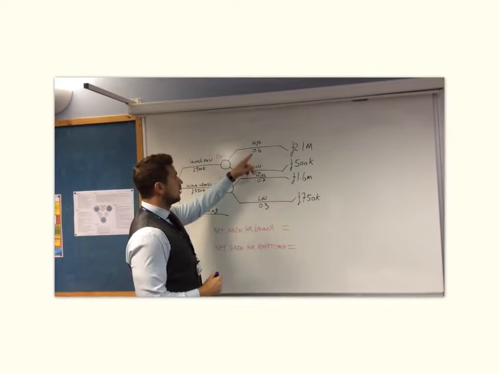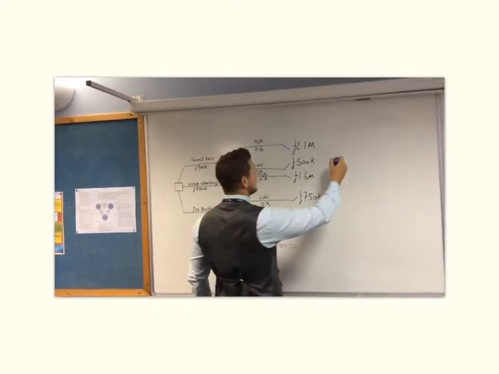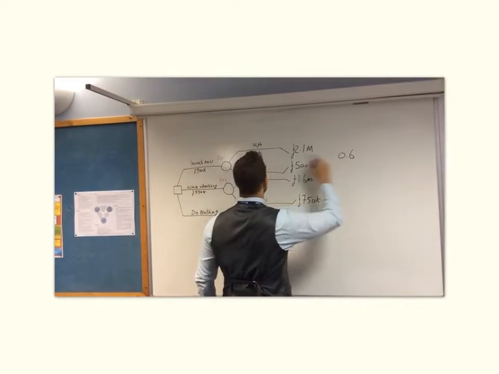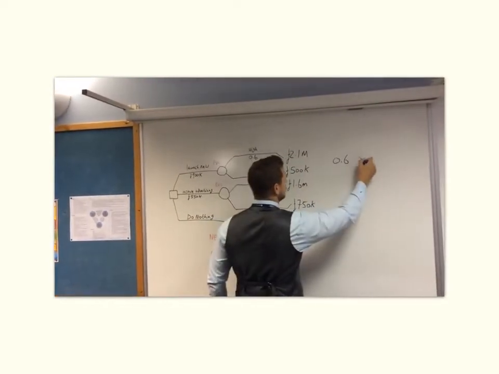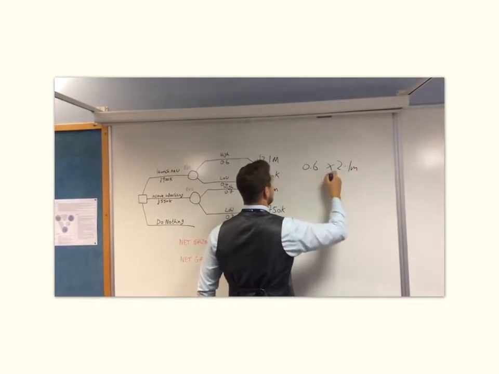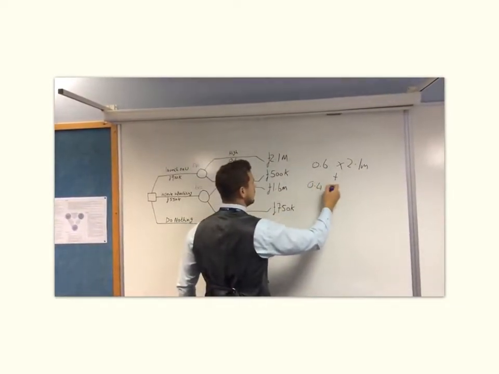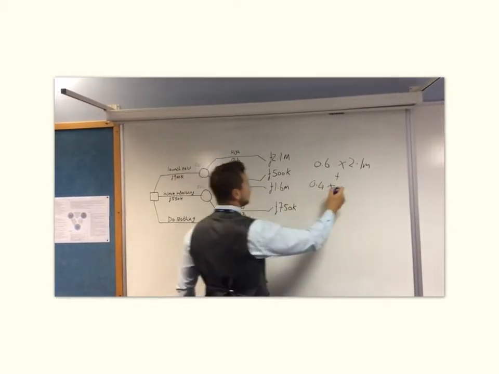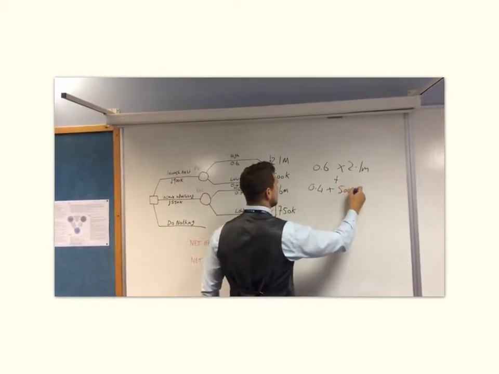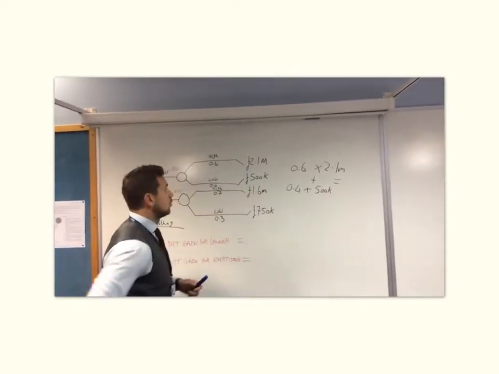I'm going to do the expected value for the launch new product first. So all I'm going to do is 0.6 multiplied by 2.1 million plus 0.4 times 500,000. This should give me an expected value for the launch new product.